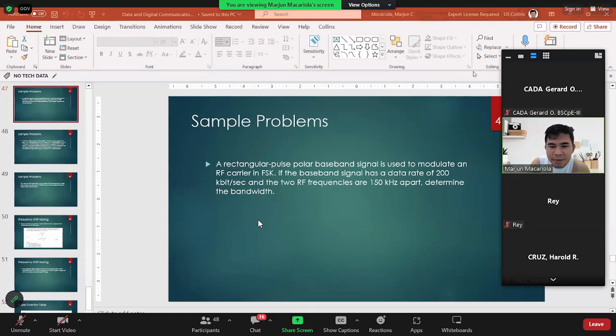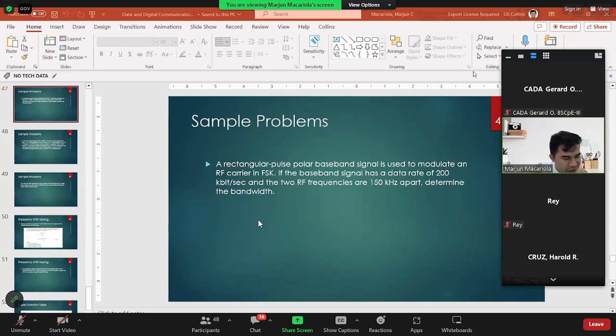So a rectangular polar baseband signal is used to modulate an RF carrier in FSK. If the baseband signal has a data rate of 200 kilobit per second and the two RF carriers are 150 kilohertz apart, determine the bandwidth. Okay?